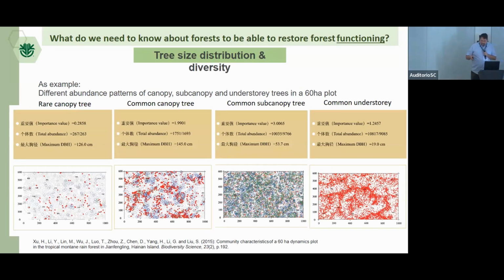If you have a sub-canopy tree like this one here, it has about 10,000 individuals in 60 hectares, larger than 1 centimeter in diameter. In comparison, the canopy tree on the left has only 260 individuals. So if you plant the rare tree in the same number as the very common one, the forest will fail, because natural abundances have to be incorporated in the planting design.